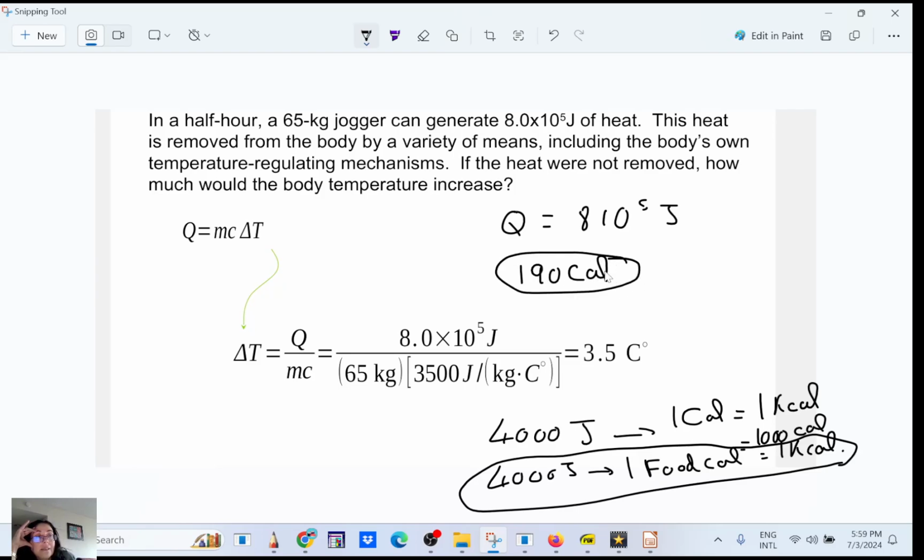So it means that if we didn't have the temperature regulating system that we have, then you eat a chocolate cookie that has about 190 calories, and your temperature will rise by 3.5 degrees Celsius, which will not be very cold.